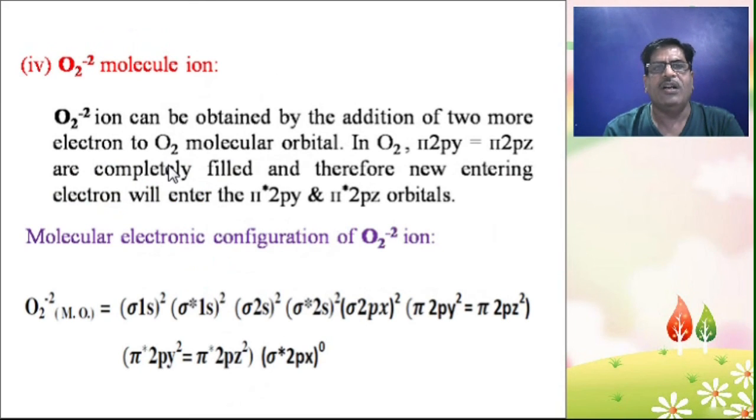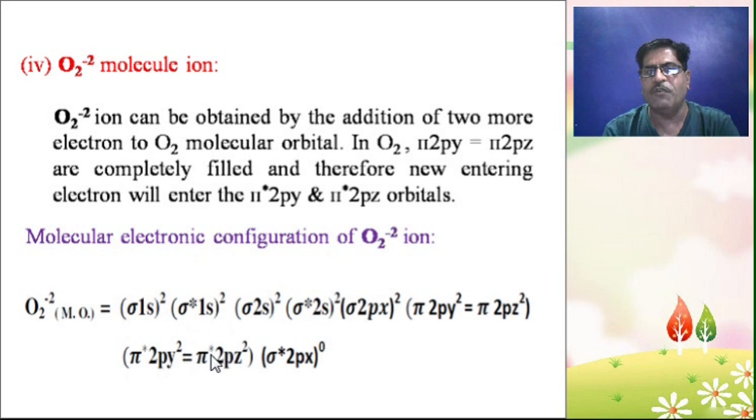Lastly, the O2 minus 2 molecule ion. How is it formed? The O2 minus 2 ion can be obtained by the addition of 2 more electrons to the O2 molecular orbital. In O2, pi 2py and pi 2pz are completely filled, and therefore the new entering electrons will enter the pi star 2py and pi star 2pz orbitals. So what is the molecular electronic configuration of O2 minus 2? Pi star 2py and pi star 2pz are completely filled.